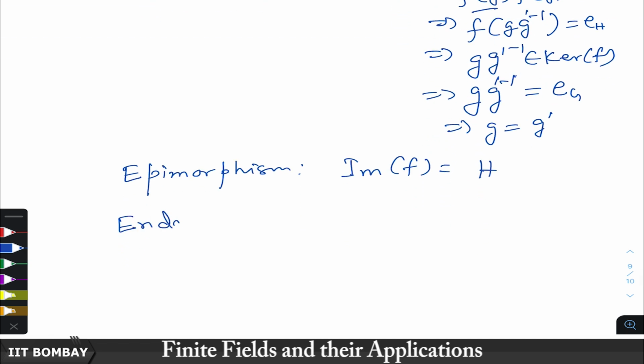Endomorphism is a group homomorphism from G to G itself. Okay.